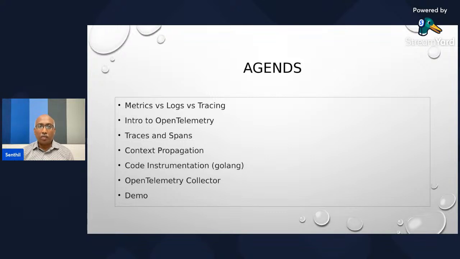I will cover context propagation, and I'm going to show you some code snippets in Golang, which will help you understand how to instrument the code for OpenTelemetry distributed tracing. I will also talk about the OpenTelemetry Collector, which is a component from the OpenTelemetry open source project itself. And I will finish off the presentation with a demo.